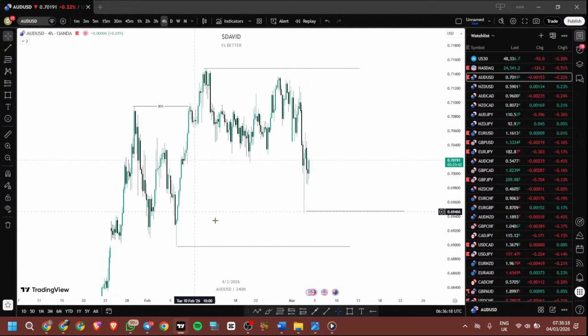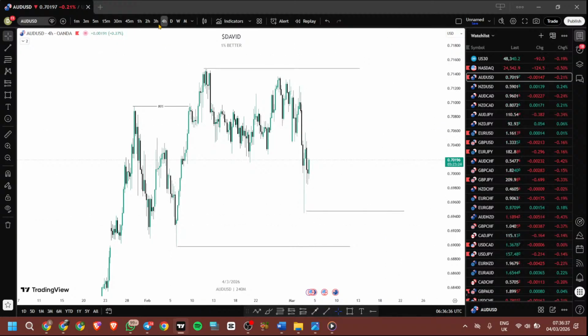So every single thing you see within this range is valid, even though it changes structure right here. It's a mini structure, but on the higher time frame structure, it's very valid to see price in all these zones.